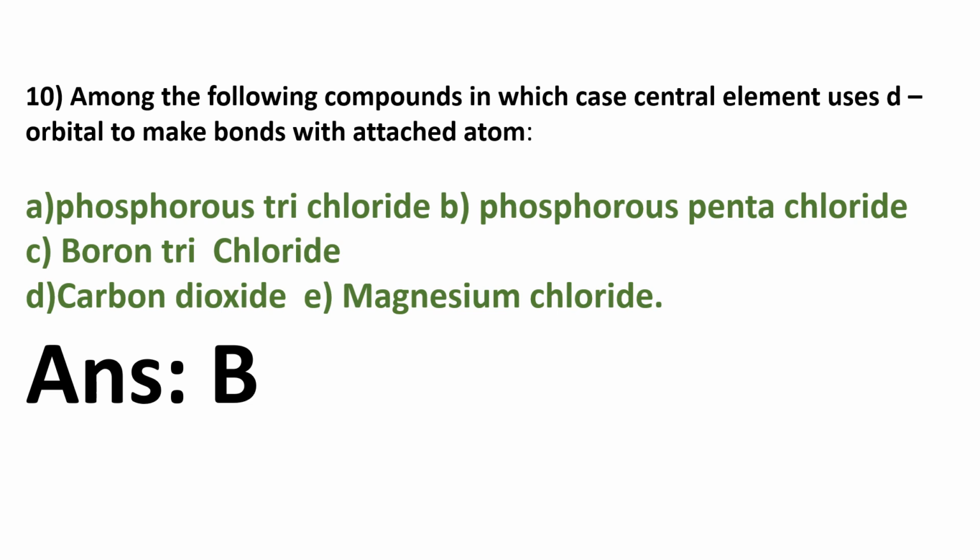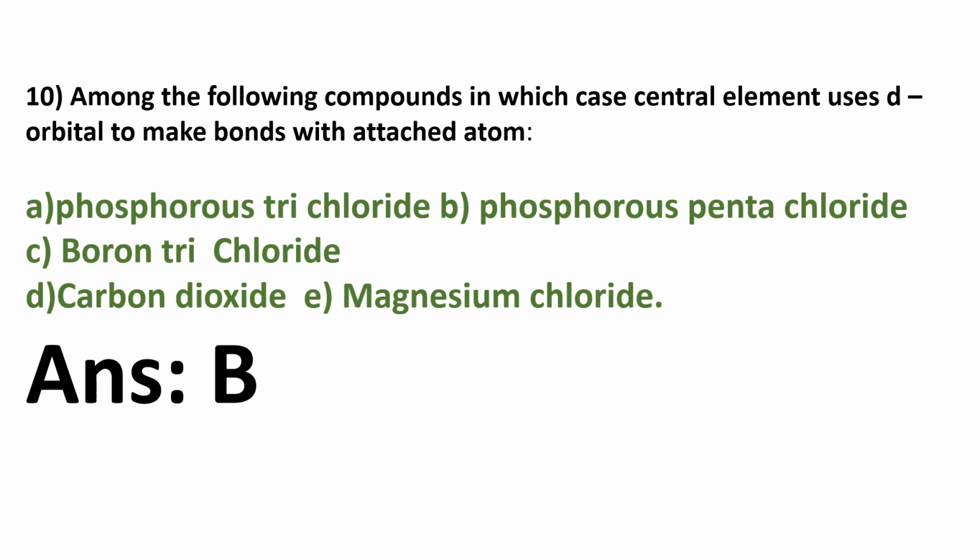And last question. Among the following, which central atom uses d orbitals to make bonds with the attached atoms. Just now I explained PCl5 contains d orbitals, sp3d. 3d is there. d orbitals start from the third orbit. Suppose you take carbon or magnesium or chlorine, there is no such excited state.